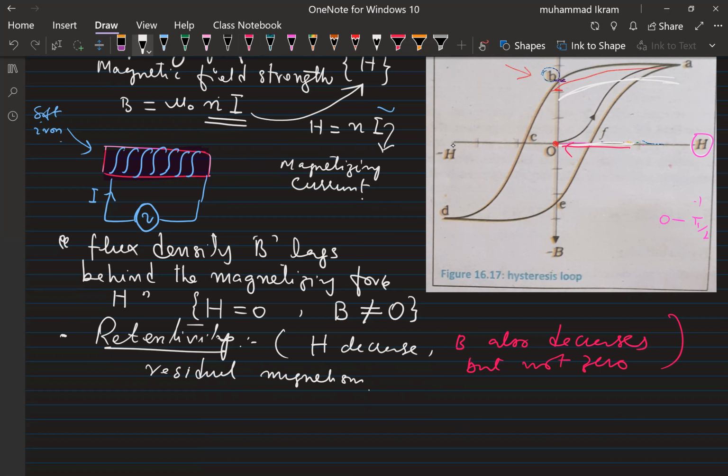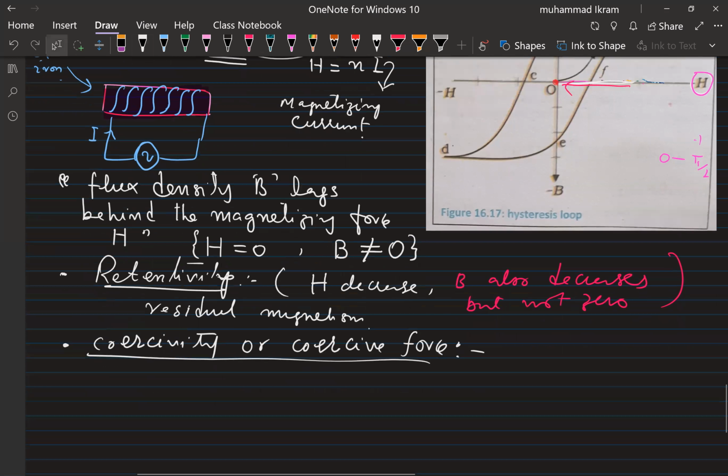There is then another point we call the coercivity, or the coercive force. What does this mean?